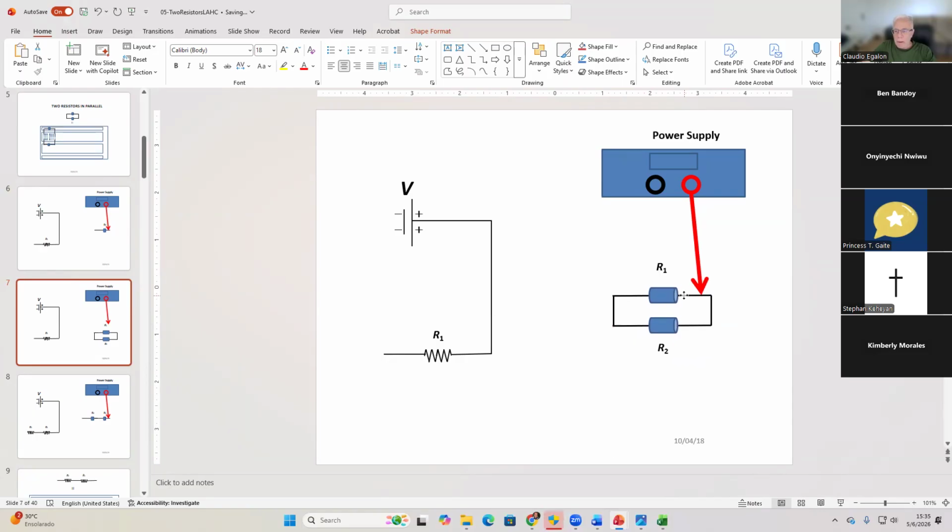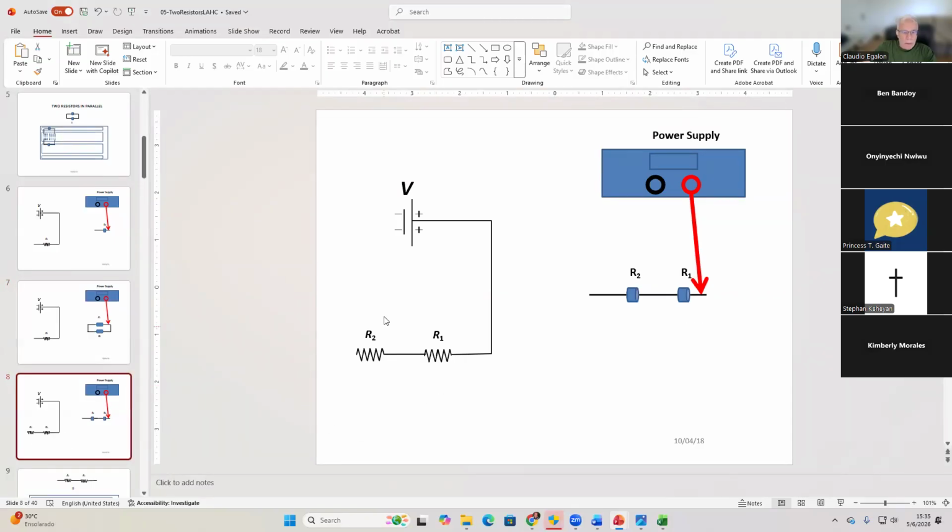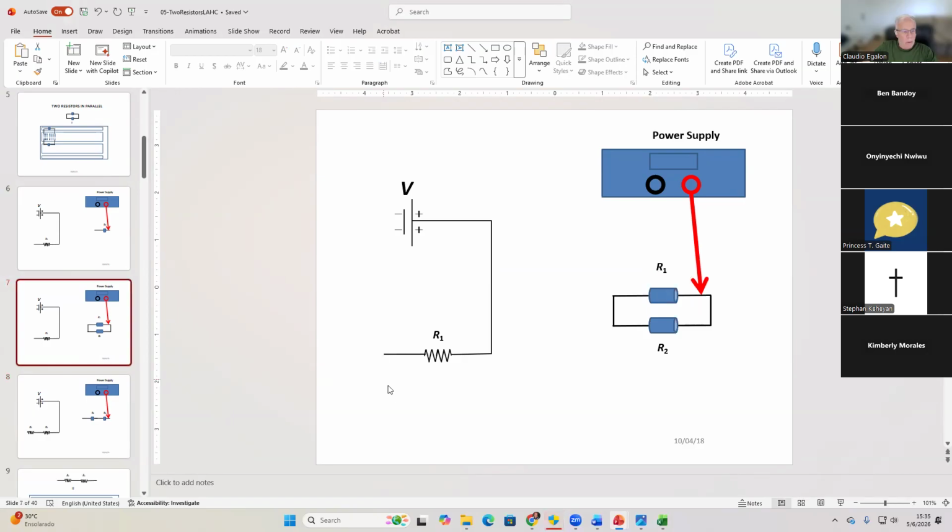We connect them in parallel. And then I'm going to get this one right here. There you go. The resistors in parallel.